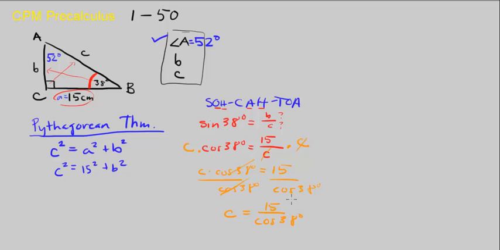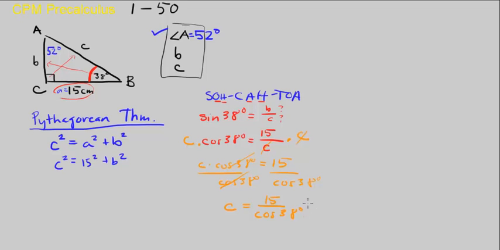So we plug that in our calculator. We get approximately 19.04 something. And we have to put units, right? We know the sides are in centimeters. So now I know side C is equal to 19.04 centimeters.